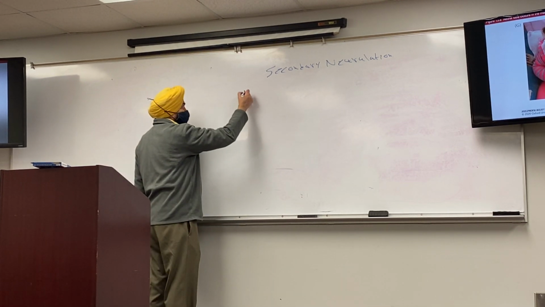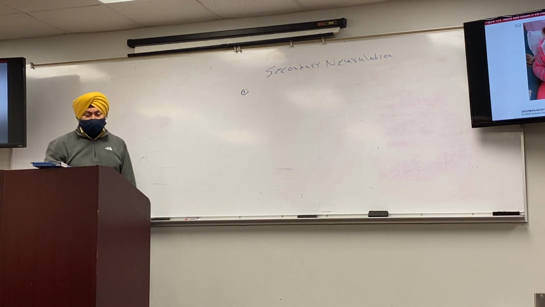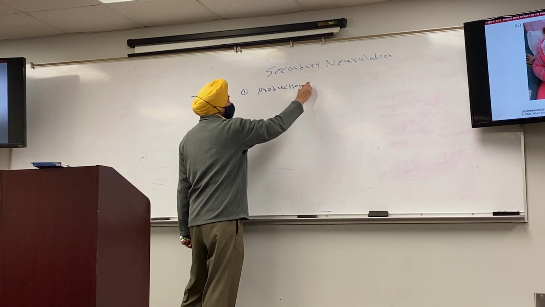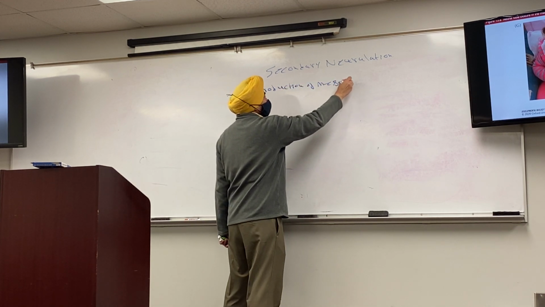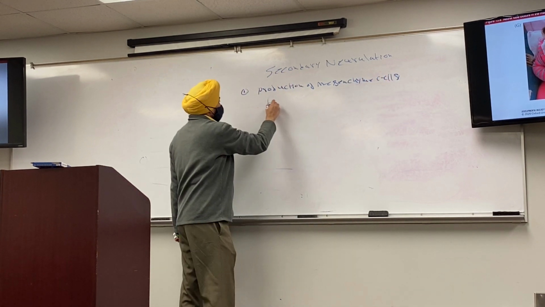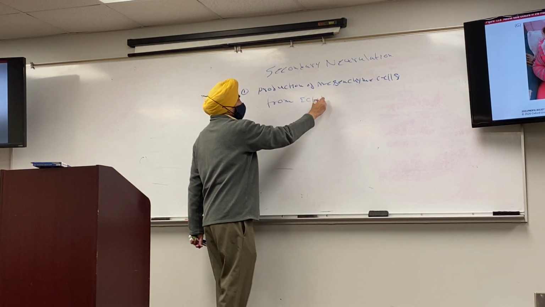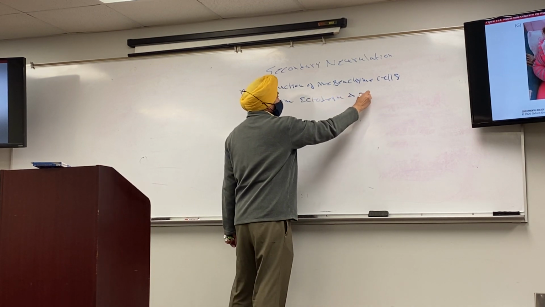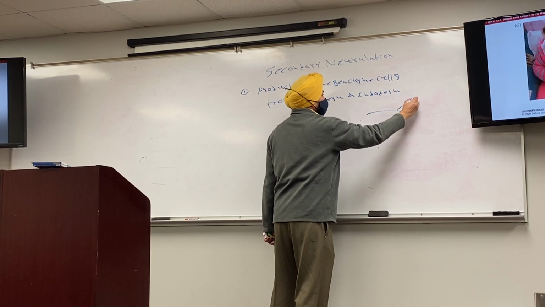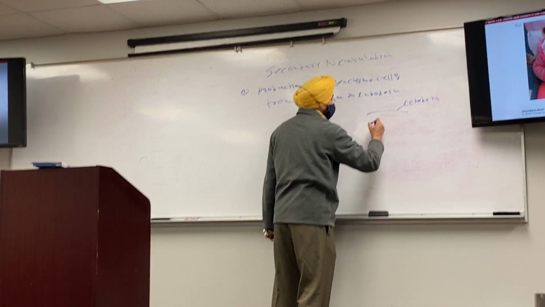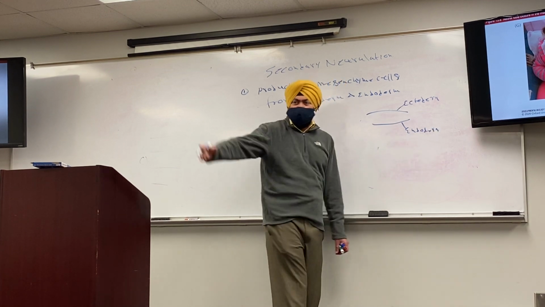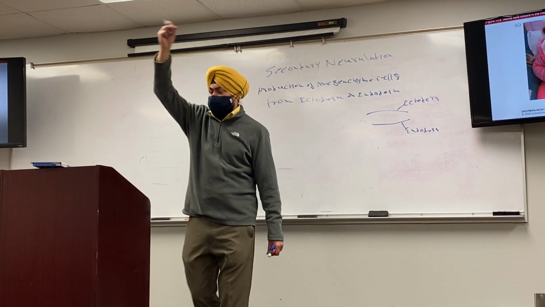So it's a multi-step process. Number one is the production of mesenchyme cells from ectoderm and endoderm. So this is the ectoderm area, and this is the endoderm. Remember, this is happening at the blastopore lip after all the gastrulation has taken place.